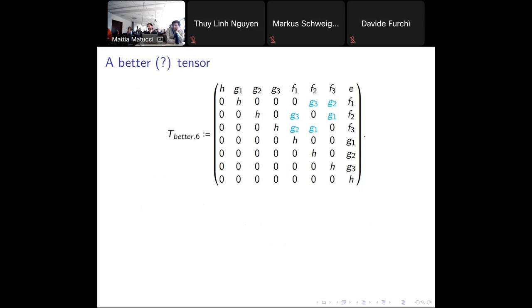Yes, exactly. So H is the first slice, G1 is the second slice, G2 is the third slice. So just set H equal to 1, all the rest to 0, that's the first slice. Set G1 equal to 1, all the rest equal to 0, that's the second slice, etc. So I'm presenting all the slices at once. I'm giving them funny names because of what's going to come later in the talk.